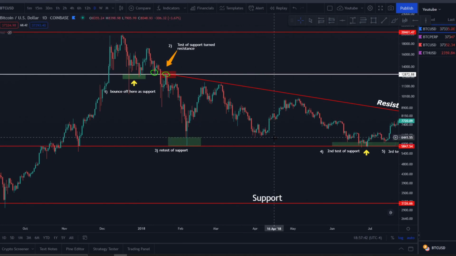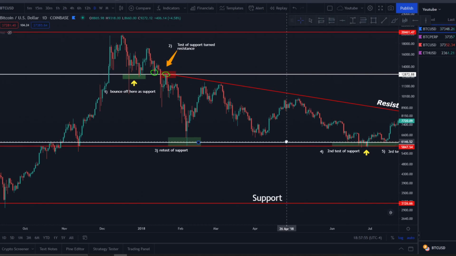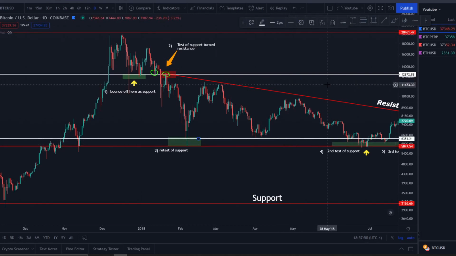Now, even though 5,847 is the line of support, sometimes support can be a range. So you could do a little something like this, or like that. Sometimes support can be a bit of a range.